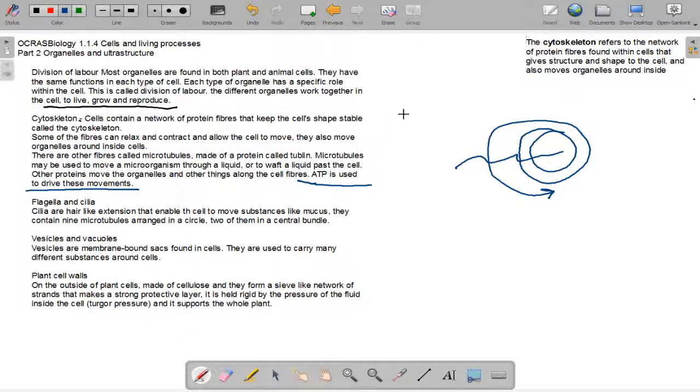So there, and two in the central bundle. It looks a bit like this. And that allows it to be mobile. So two in the middle, and 9 of these bundles on the outside. So every 2 dots is 1 bundle.